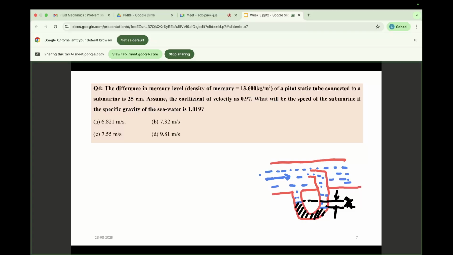Because there is water, this blue line, this portion is for water, right? So corresponding to these two points, we can find out this pressure difference. So that's how we have got this formula. Okay, now is it clear? Say yes or no.